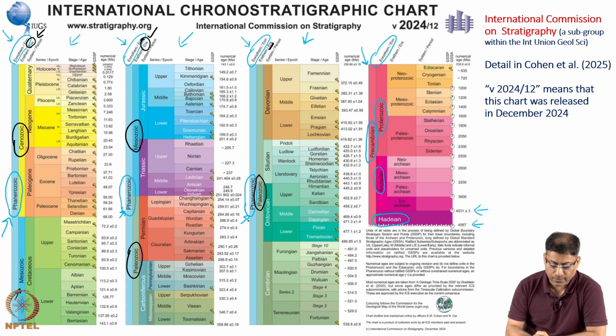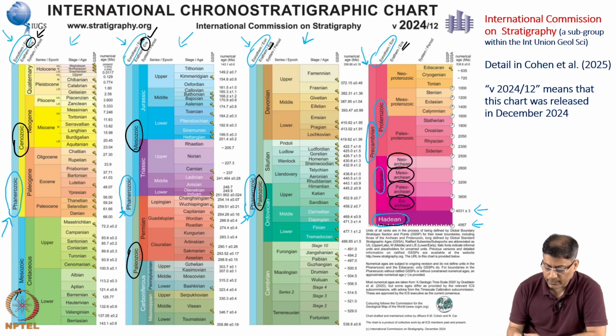And not just the Phanerozoic is divided, there are also divisions of the Archean eon into Eoarchean era, Paleoarchean era, Mesoarchean era and the Neoarchean era.